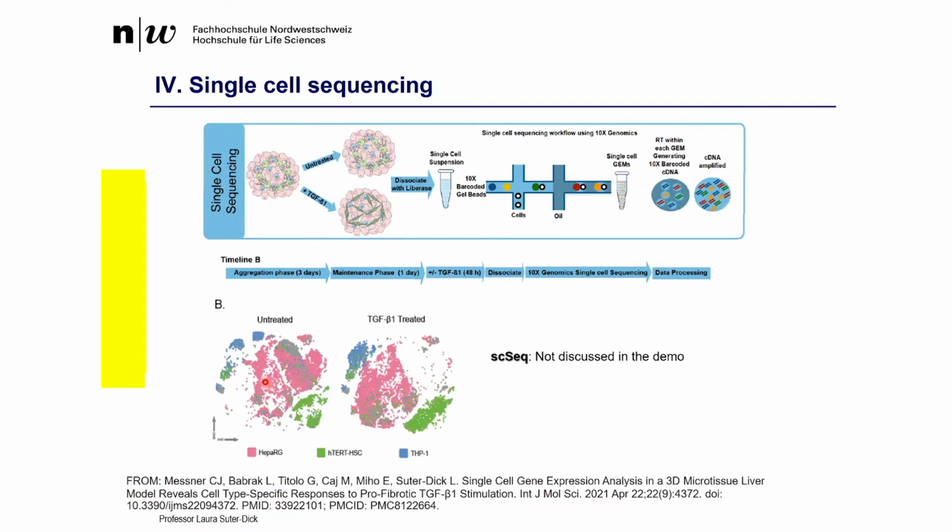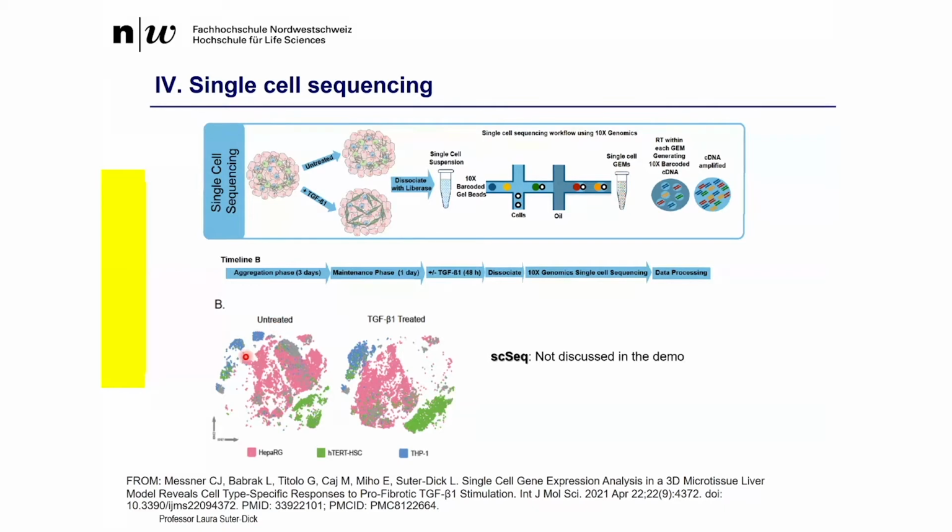this is the data from single cell sequencing, which is, as I said, not discussed in the demo, but we put 3 cell types together, HepaRG, stellate cells, and THP1s, and we can see, based on the gene expression of each of the cells, each dot here is a cell, it's not anymore a microtissue, it's just a representation of the gene expression of a cell. We can see that we have the pink colored cells are the HepaRGs, the green ones are the hepatic stellate cells, and the blue ones, the macrophages.